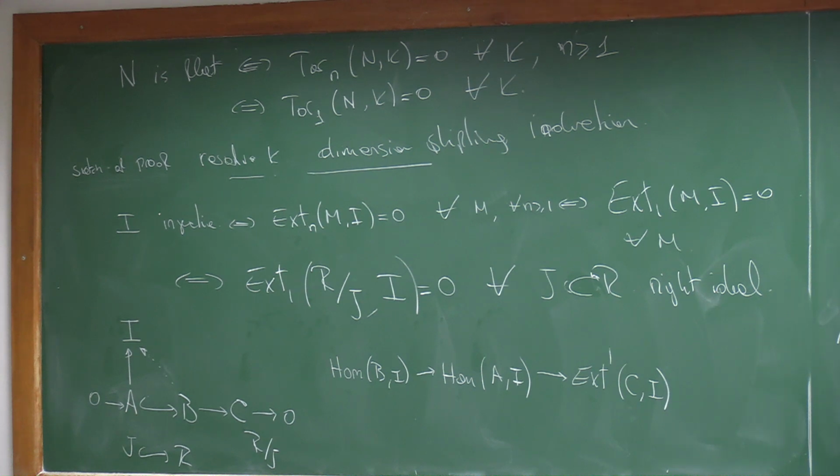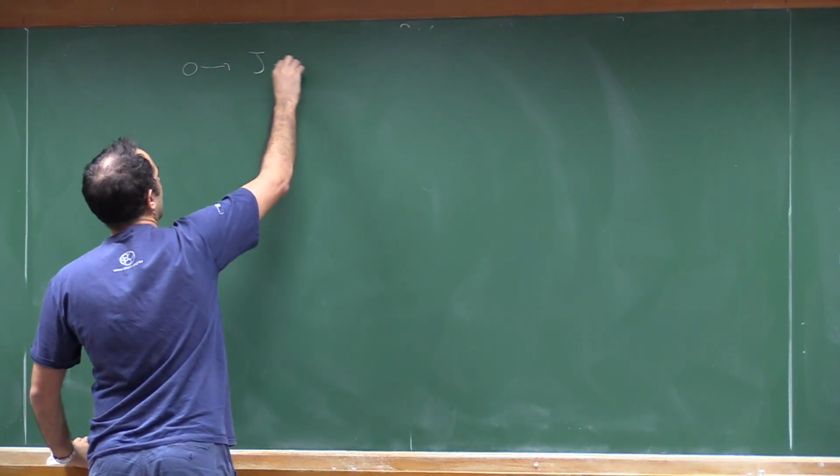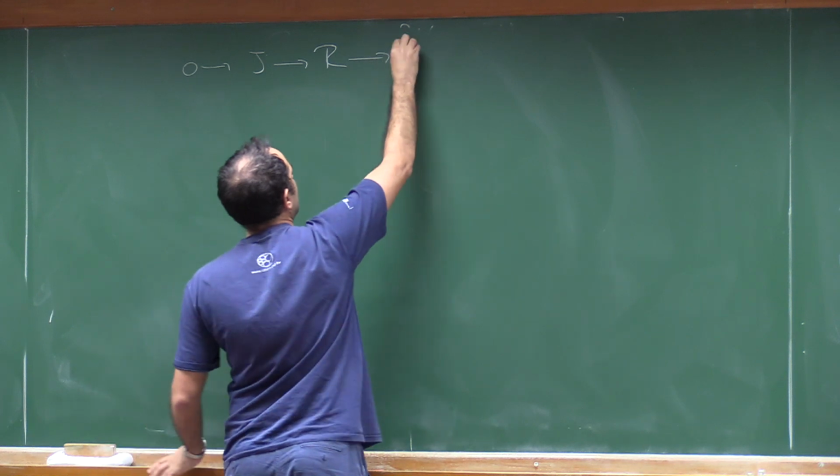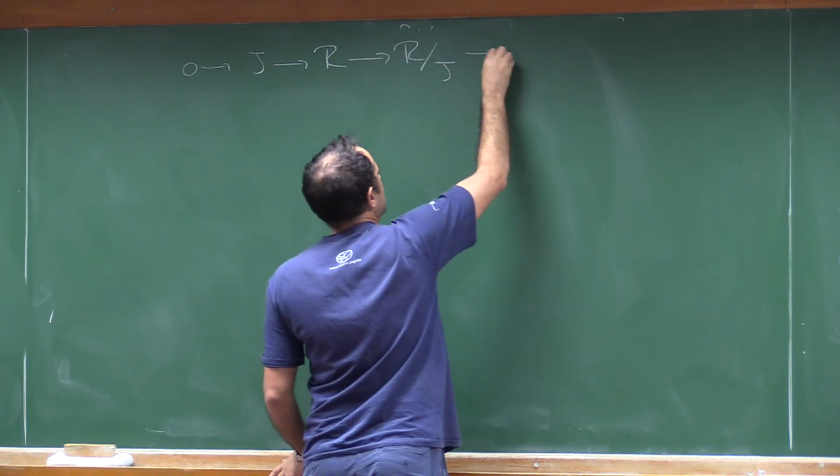I think I've given this lemma, but just in case, let's prove it again. Suppose that you have that situation where you have an ideal inside of a ring, and then you just perform the quotient.